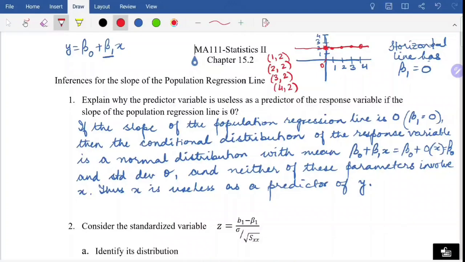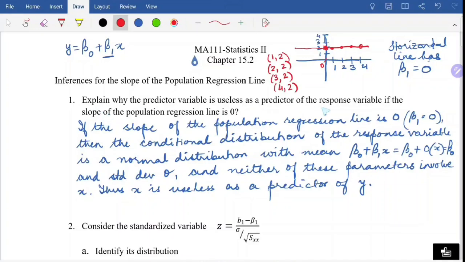Y will be whatever point the horizontal line crosses the y-axis at. So that means x does not have any effect on the value of y. And that's why it's considered to be useless. X is not a good predictor of y. It doesn't predict y at all. No matter what value you plug in for x, the y value will stay unchanged, right?